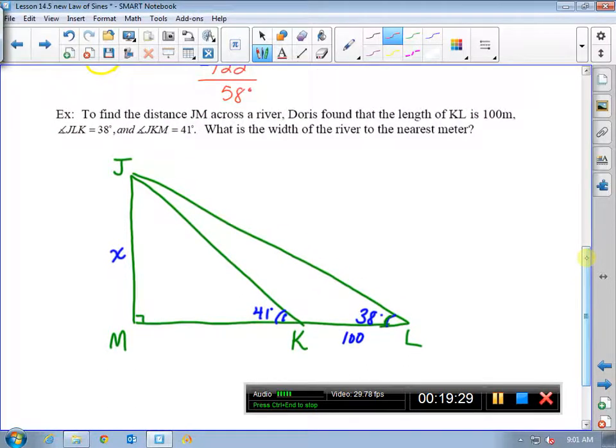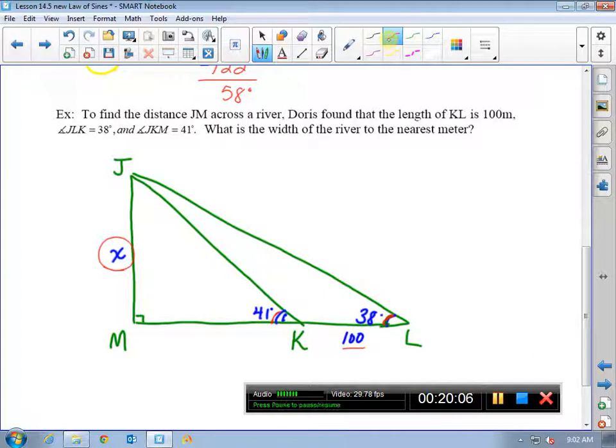To find the distance JM across a river, Doris found that the length of KL is 100 meters. Angle JLK is 38 degrees, and angle JKM is 41 degrees. What is the width of the river to the nearest meter?